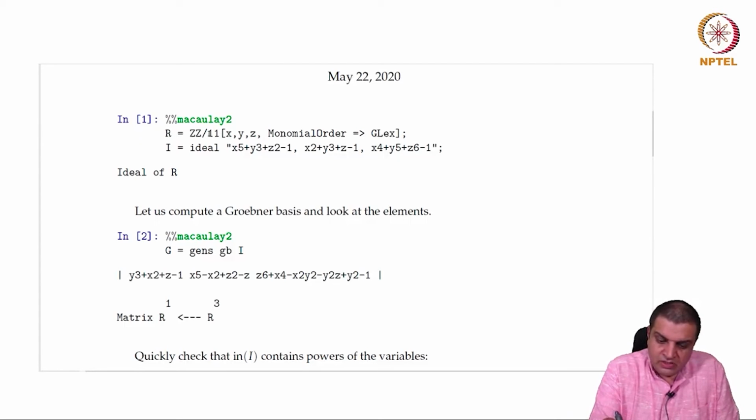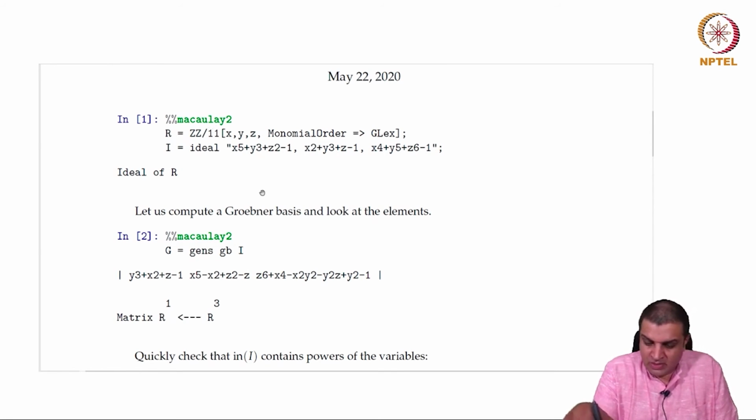So far I've been more or less using Q, but in the earlier example we saw that if you switch from GLex to Lex, the complexity of computing a Gröbner basis goes up substantially. So I've used a small field to illustrate this calculation. Here is a polynomial ring with GLex order. Actually, it's the same polynomials that we chose earlier. We compute the Gröbner basis.